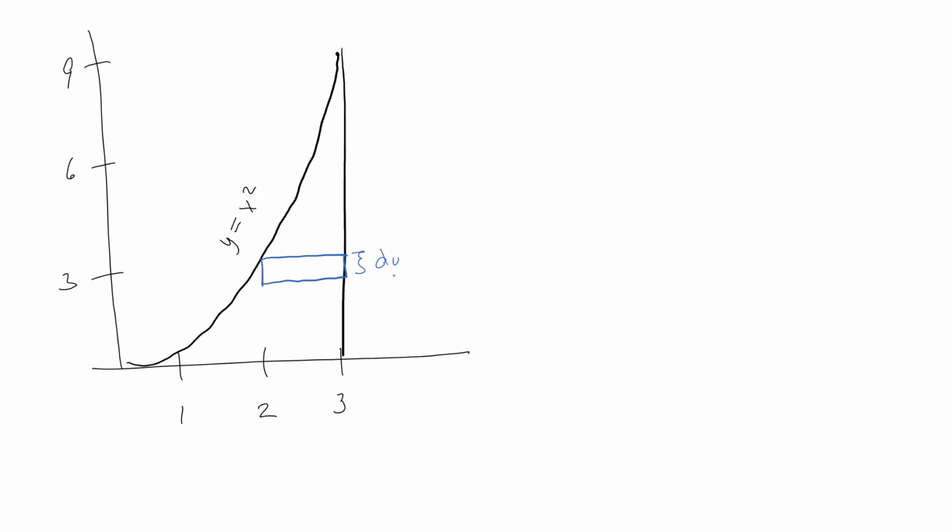Okay, so this is dy. Again, I want to know what my dA is. And you're like, oh, that's easy, my dA is x dy. Not really, because this distance here, well, I know I accidentally drew it at 2, is not actually x. Because this distance here is x, this distance here is 3 minus x.